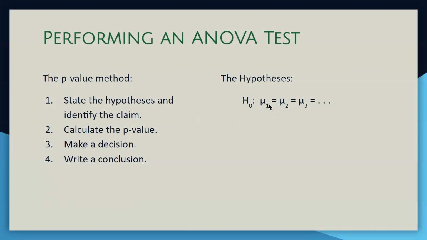And I usually write this with symbols, but you can write that in words. All the means are equal. Mean 1 equals mean 2 equals mean 3 equals however many means or however many groups you're comparing. The alternative is that at least one mean is different from the rest. So we know there's at least one that doesn't match the rest.